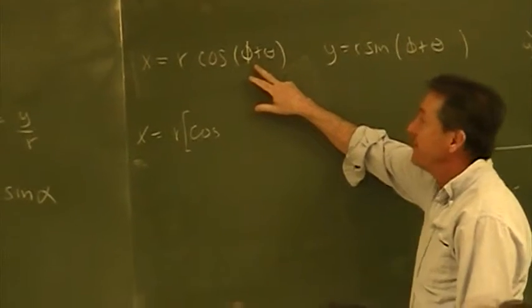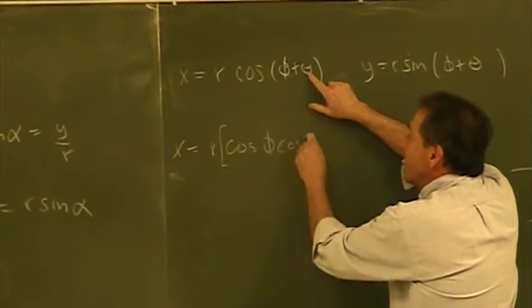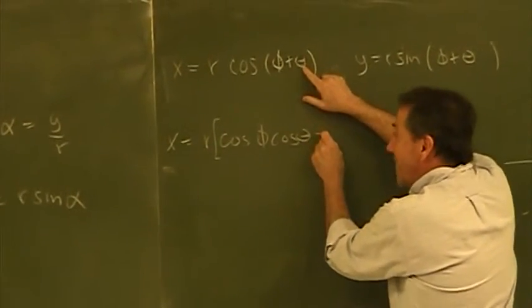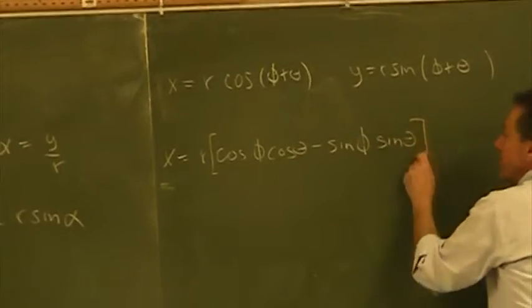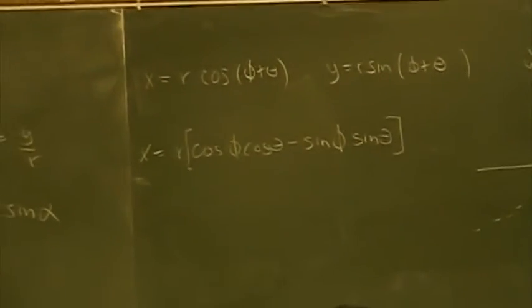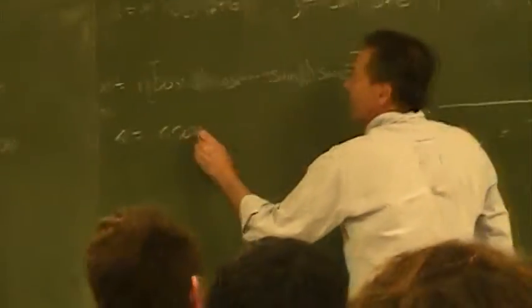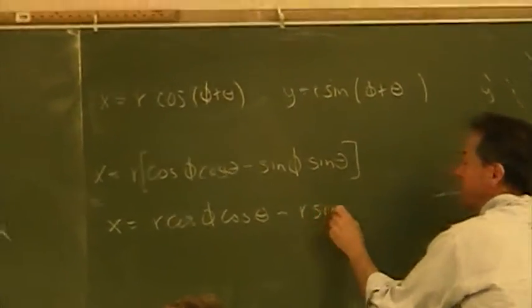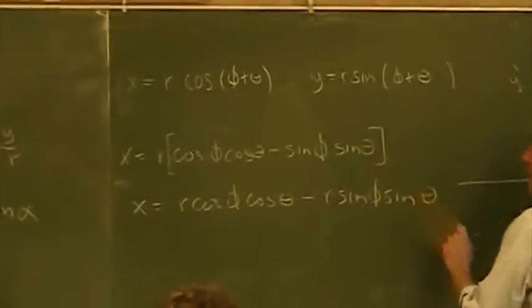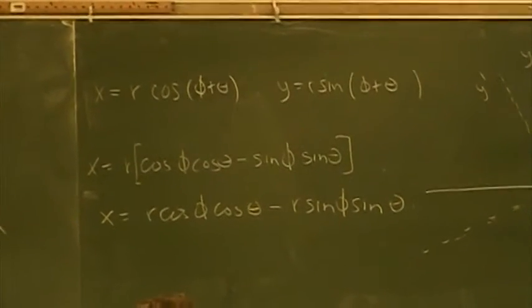Alpha plus beta: cosine, cosine, sine, sine, sine. Remember that? Okay. So this means x equals r cosine phi cosine theta minus r sine phi sine theta. Why are we doing all this nonsense? To rotate the axes to make b prime equal to 0.